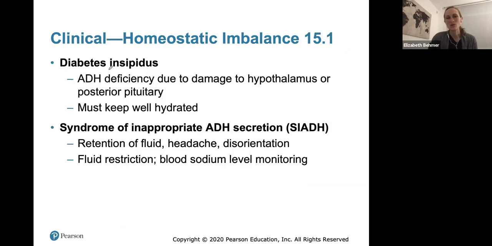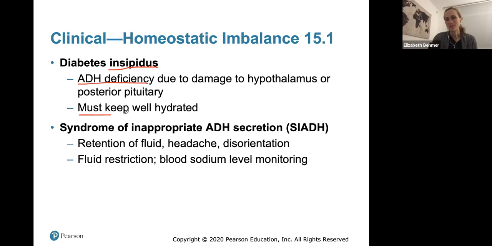Diabetes insipidus. So this is not to be confused with the two types of diabetes mellitus, which have to do with glucose levels. But diabetes insipidus is another type of diabetes that has to do with ADH deficiency. And it's usually due to damage to the hypothalamus or the posterior pituitary. So basically, if you have low ADH secretion, you won't be able to retain any fluid, so you'll be constantly peeing it out.